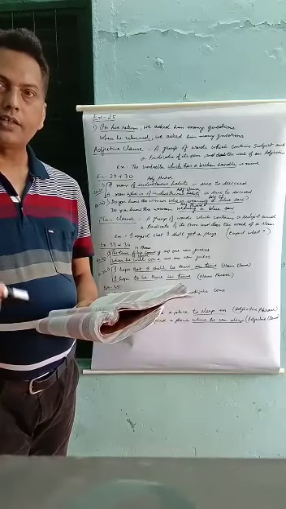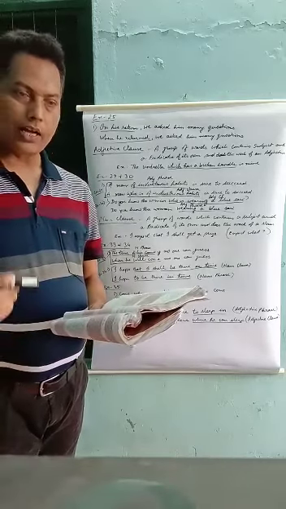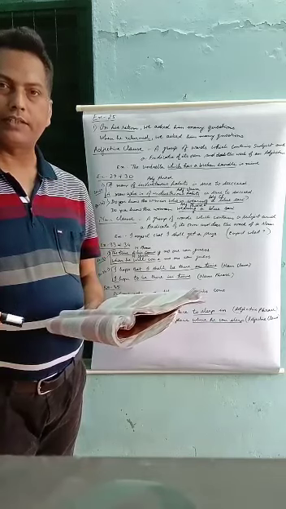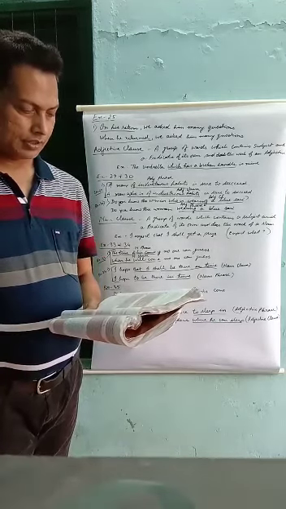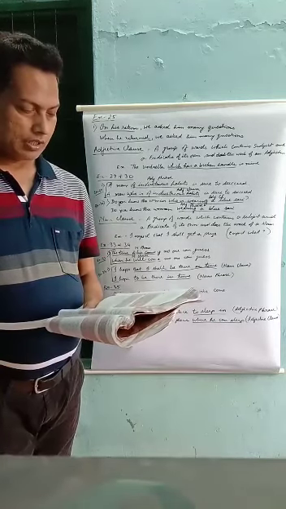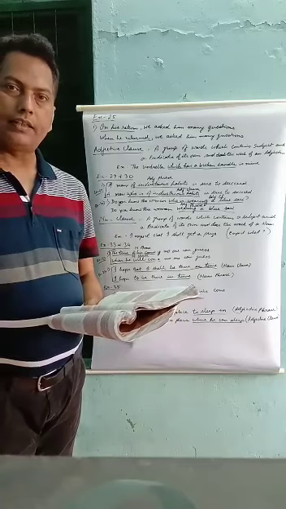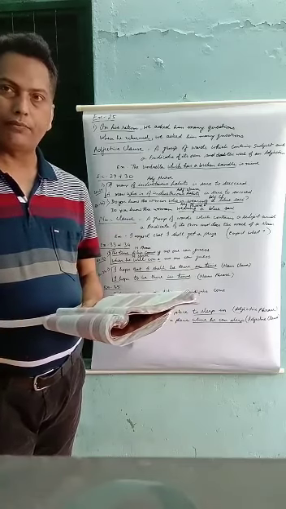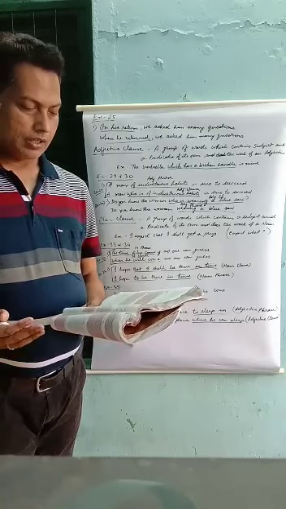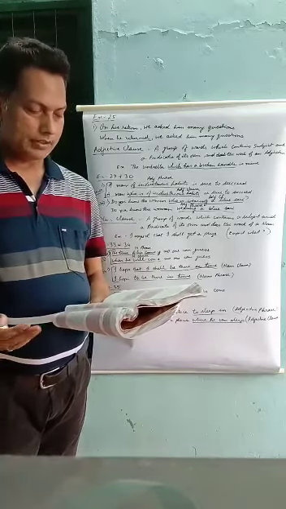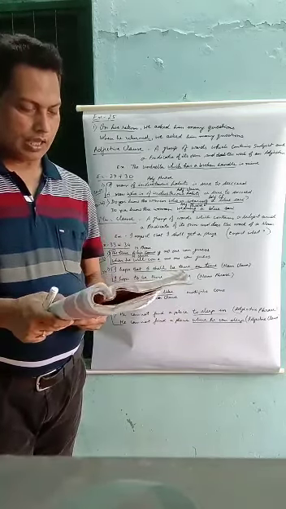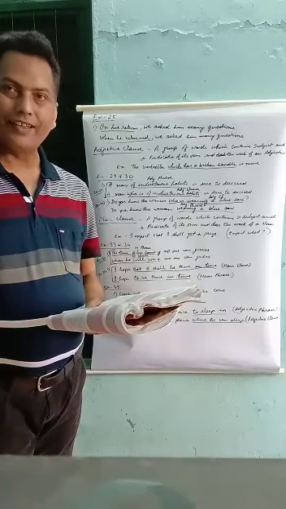In exercise 28, they have asked you to supply suitable adjective clauses. The first one: I know the place, and then they have given you a blank to be filled. We can do it like this: I know the place where he lives.